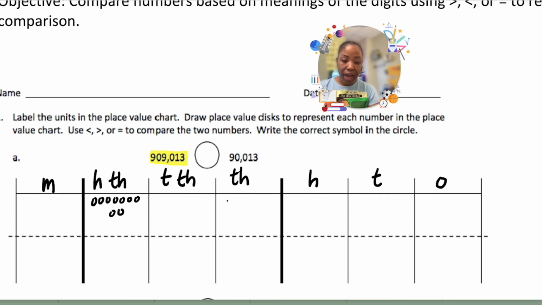Then we have 9,000s. So I'm going to put 9 in the thousands, no hundreds, 1 ten, and 3 ones.